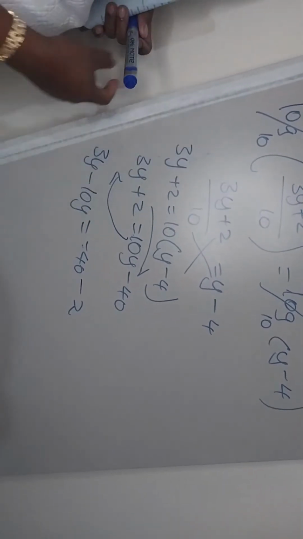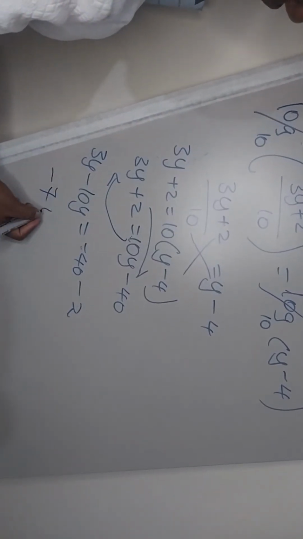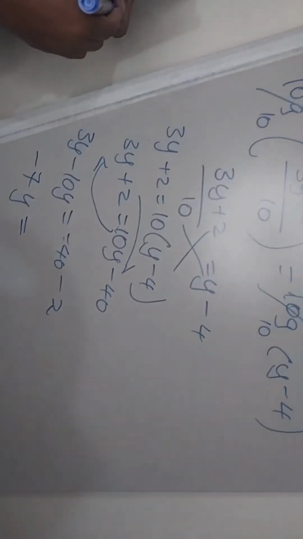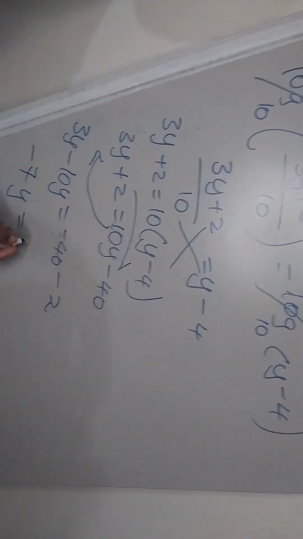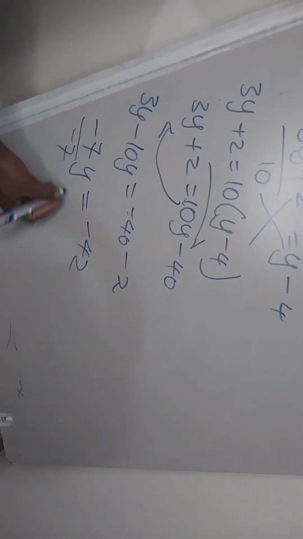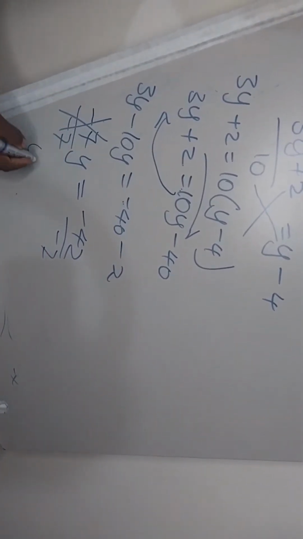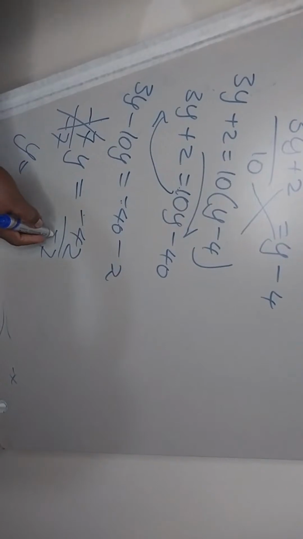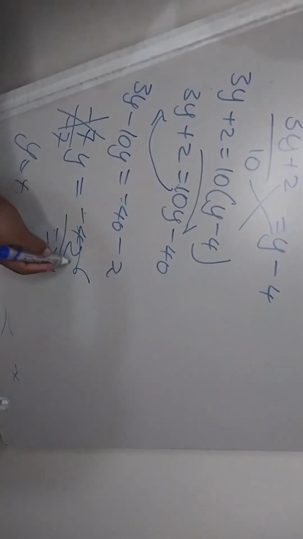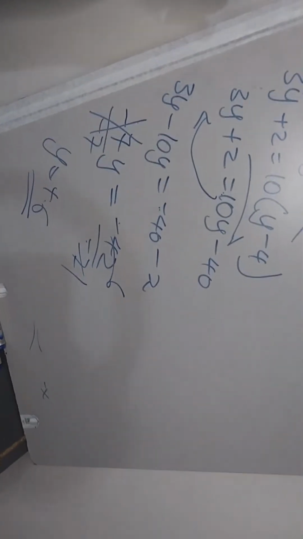Once you repay your debt, you will still be owing the person 7 bob, which is minus 7y, equivalent to minus 40 minus 2, which is minus 42, over minus 7. That one cancels, so negative times negative gives us a positive, 7 by 7 is 1, 42 divided by 7 is 6. So the value of y becomes 6.